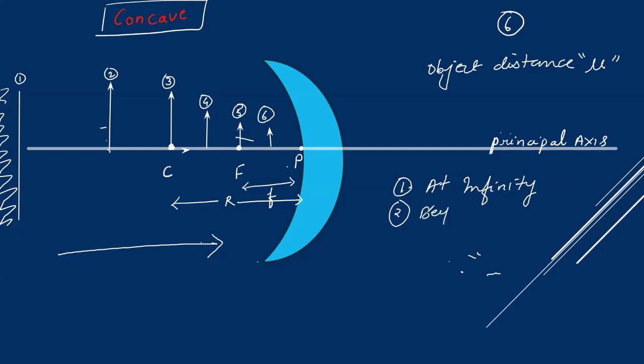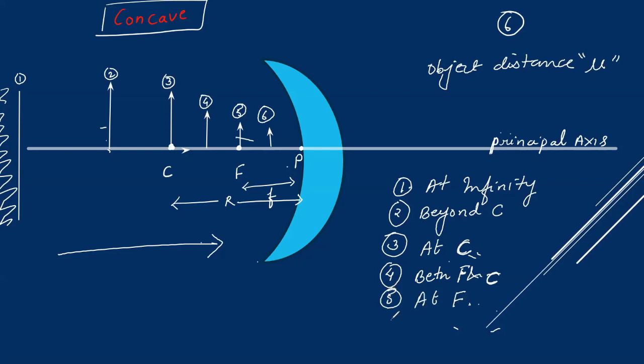Second is beyond C, that means beyond the center of curvature. Third is at C, that means we'll keep our object at the center of curvature. Fourth, between focus and center of curvature. Fifth will be at focus. And sixth is between pole and focus. So these are the 6 positions that we are going to study, and how images are formed when we keep the object at these positions. Let's see now.